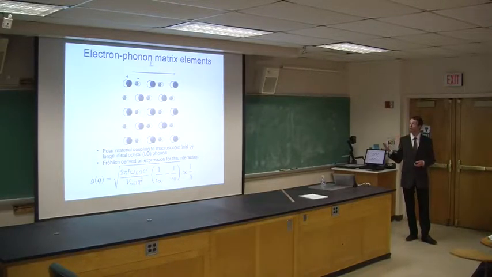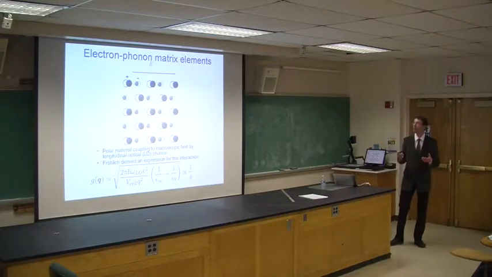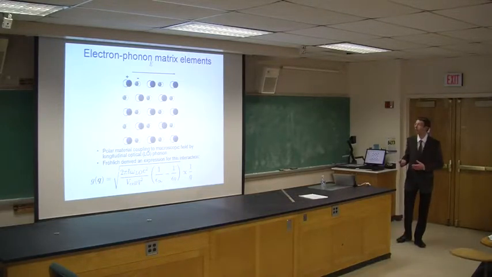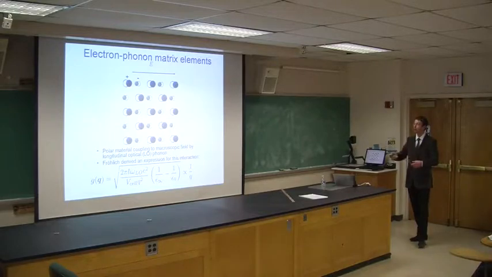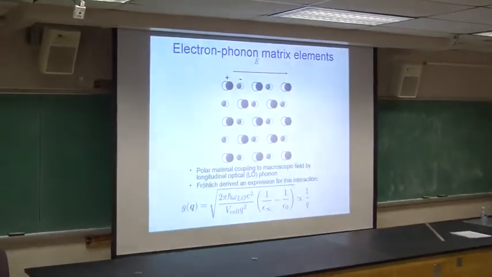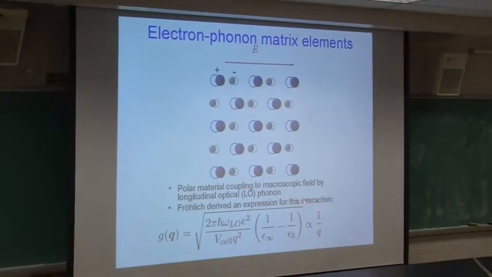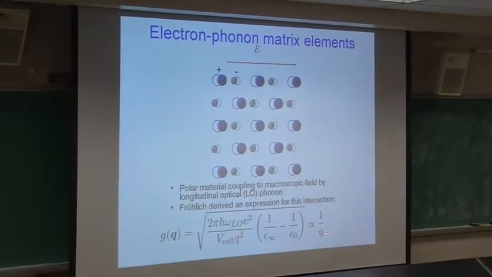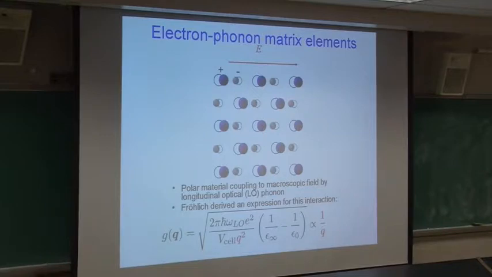And this electric field can couple to your electron. You can derive an expression for this, which is what Fröhlich did. So you can find that the electron-phonon coupling matrix element is proportional to 1 over Q. And this will become important later on.